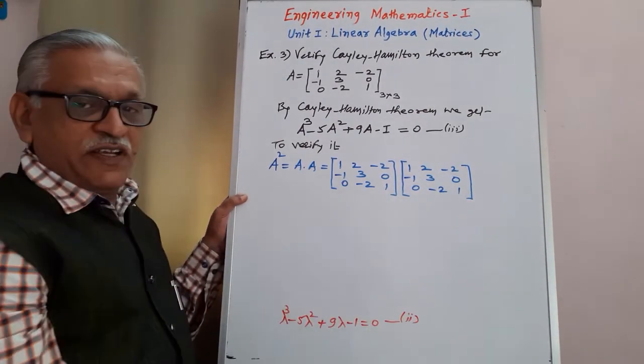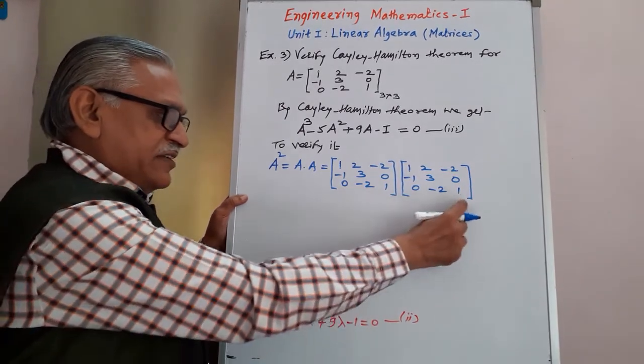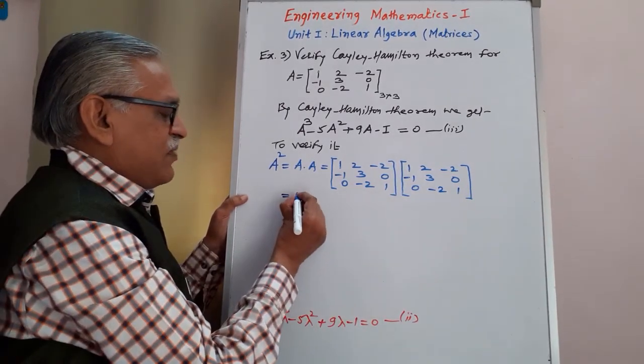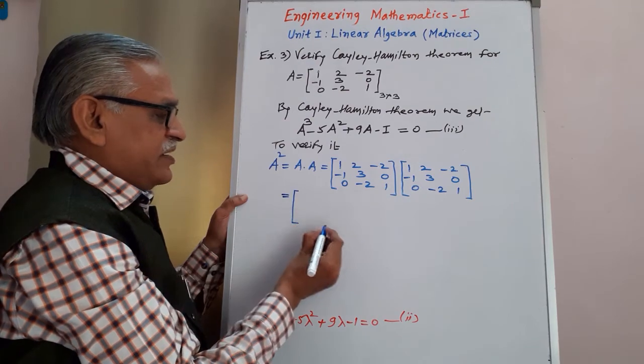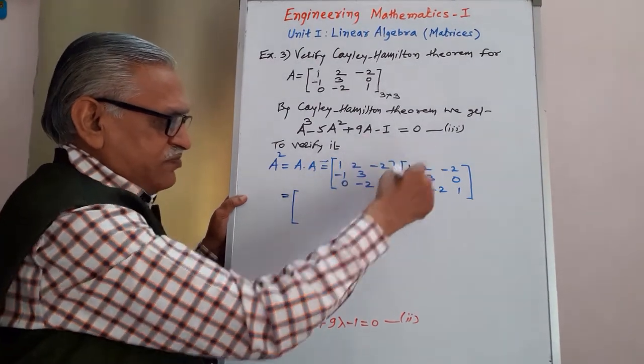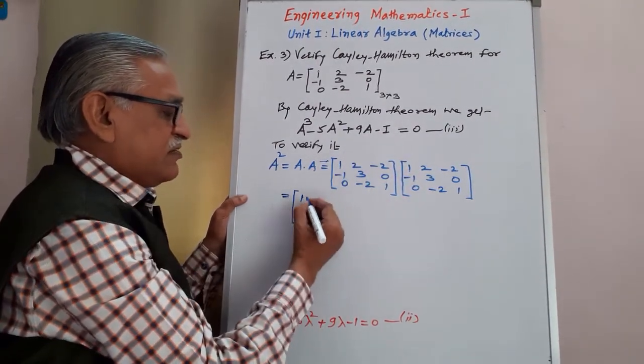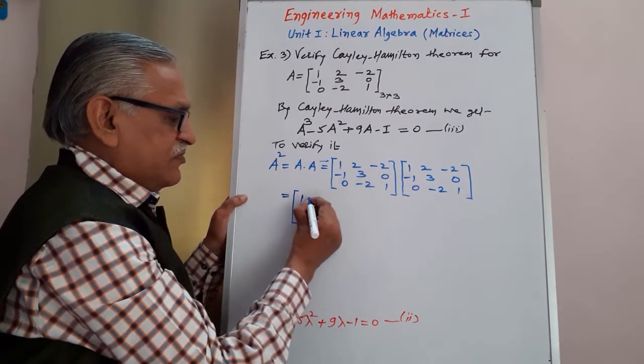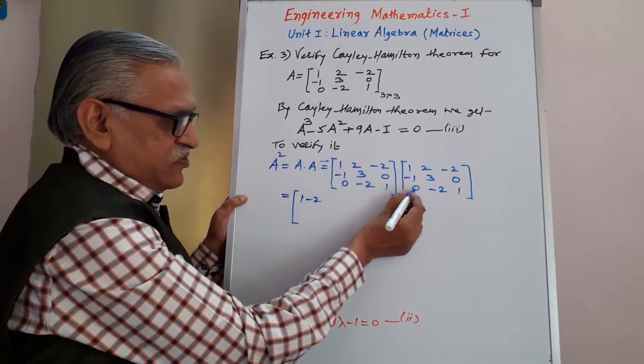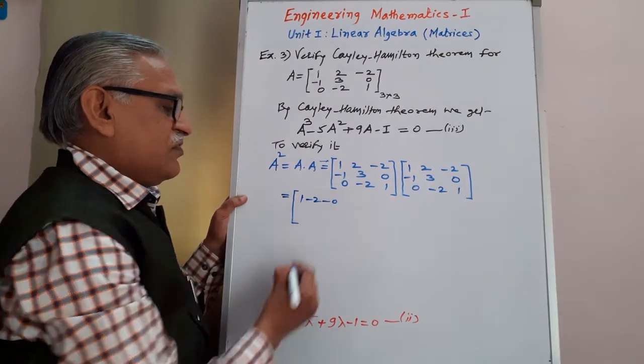Here that matrix multiplication is possible as it is a square matrix, and therefore applying that technique, multiplying row to the column, we get 1 into 1, 1, 2 ones are 2, and minus 2 into 0, first element.